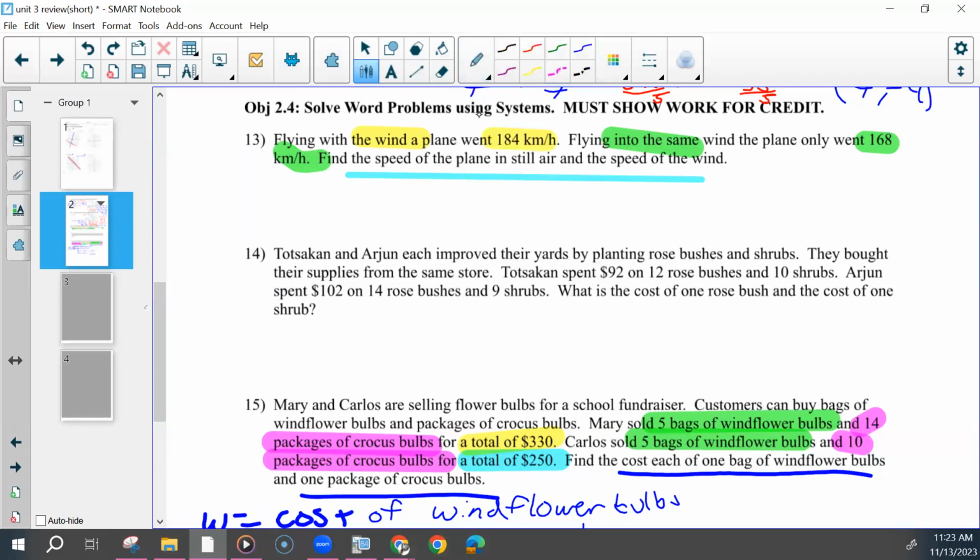So if we were to set this up with two variables, we can call them W and T like we did before, for the speed of each. We have our totals, 184 and 168.